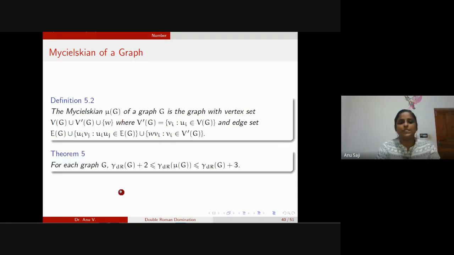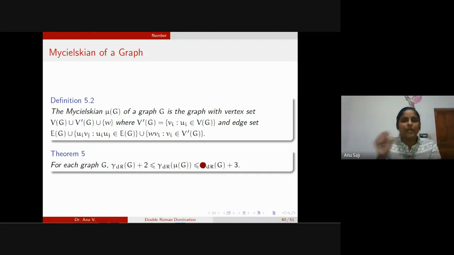We can prove that for each graph G, γdr of μ(G) is either γdr(G) plus 2 or γdr(G) plus 3. In this case also, the upper bound is very trivial because there is already a γdr function for G. We are adding new vertices v1, v2, etc., vn and w.